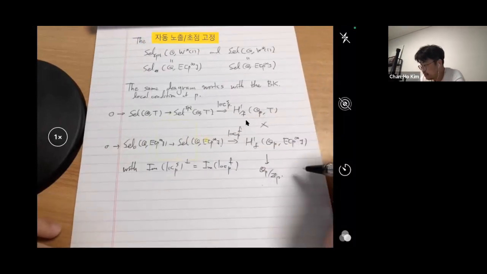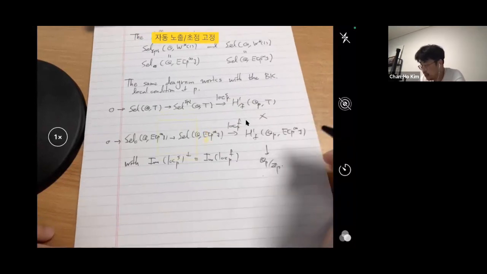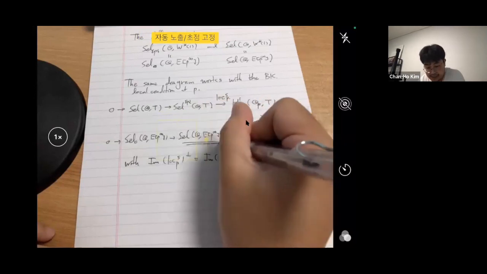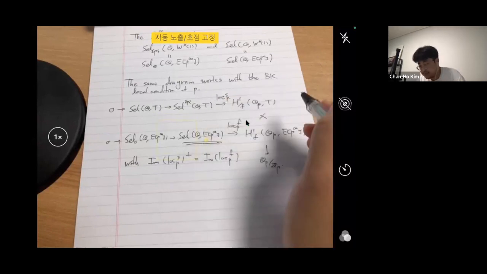Okay, so we have this now. So now, in order to have the finiteness of this guy, what we need to show is this map is surjective.